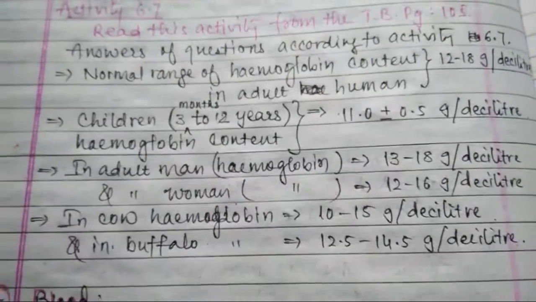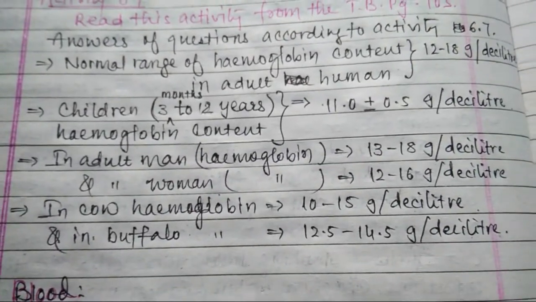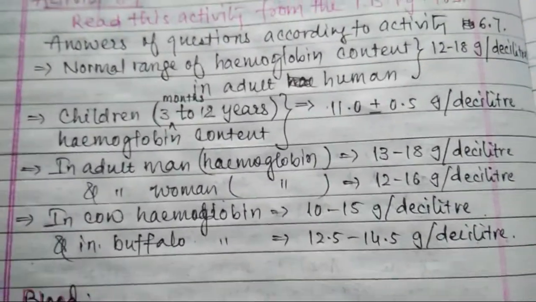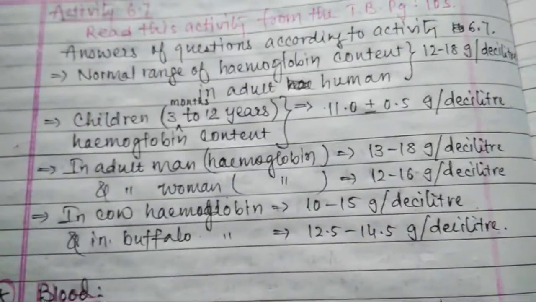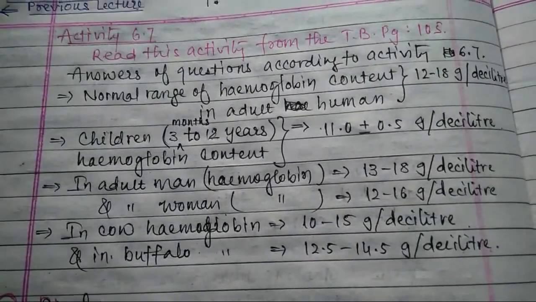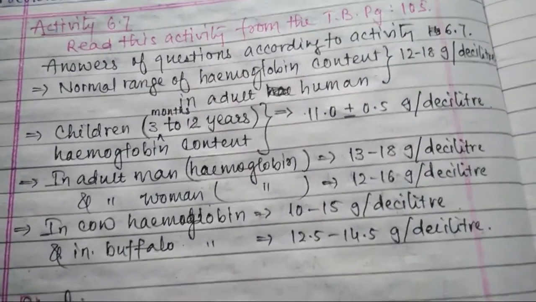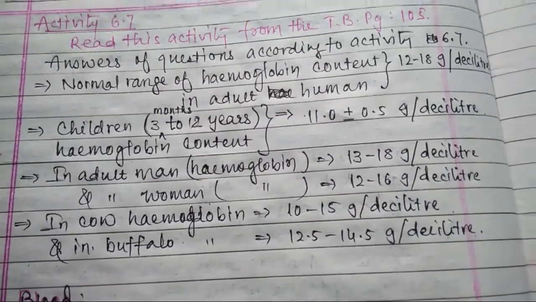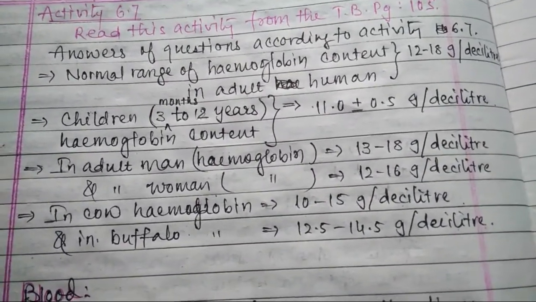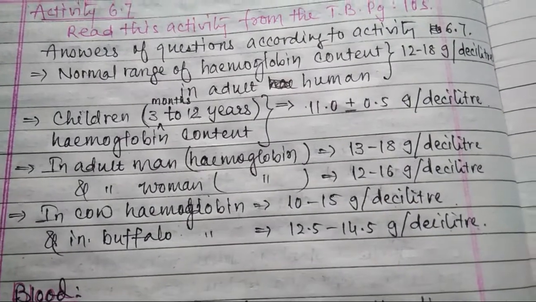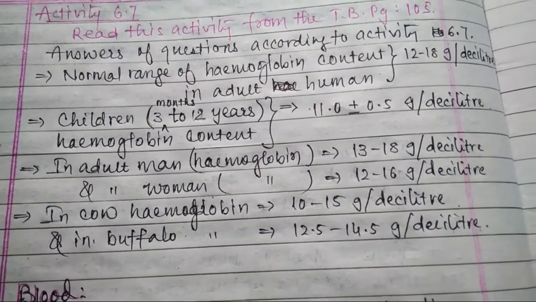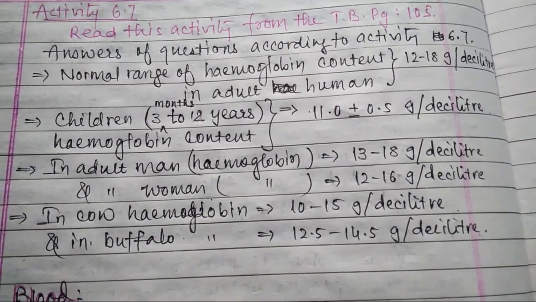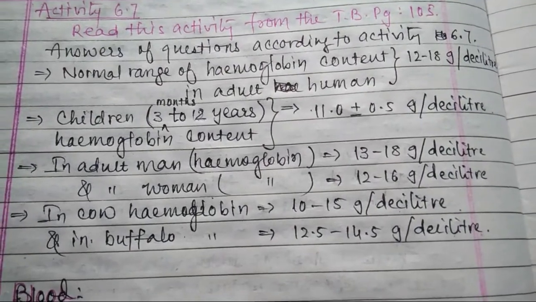So here is some data to be remembered. In the activity, something has been asked. The normal range of hemoglobin content in an adult human is 12 to 18 grams per deciliter.